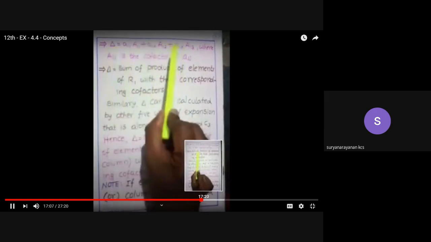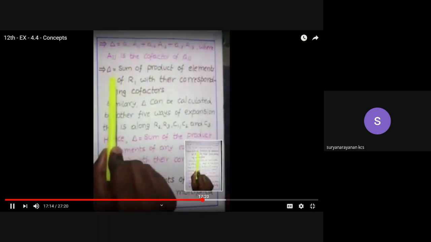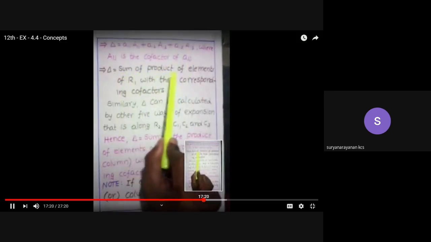Okay, my children, the above expression can be written in this way. This implies delta is equal to, in words, the sum of product of elements of R1 with their corresponding cofactors. In words we can say this expression like this.